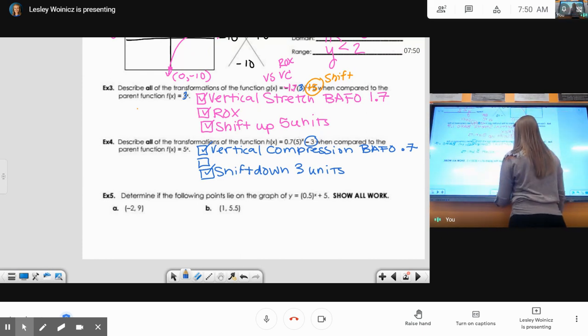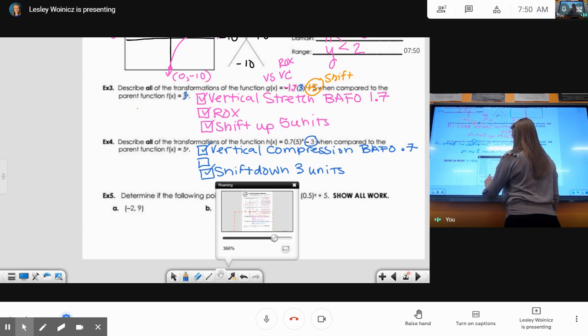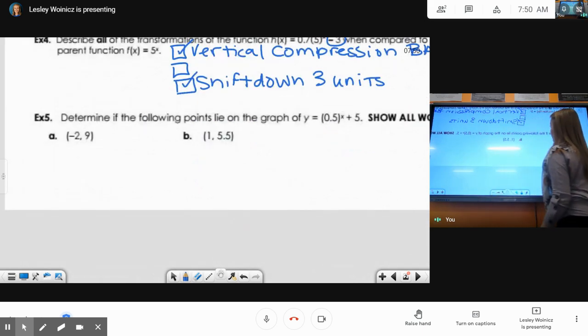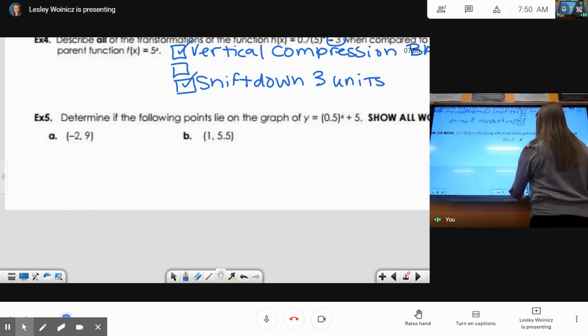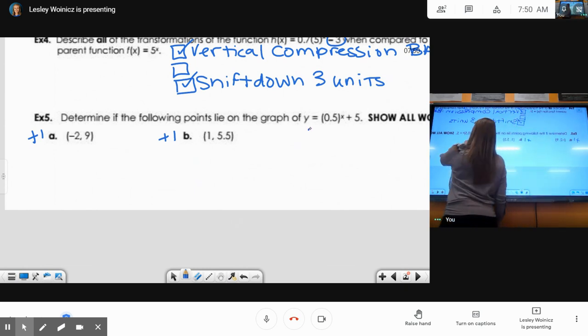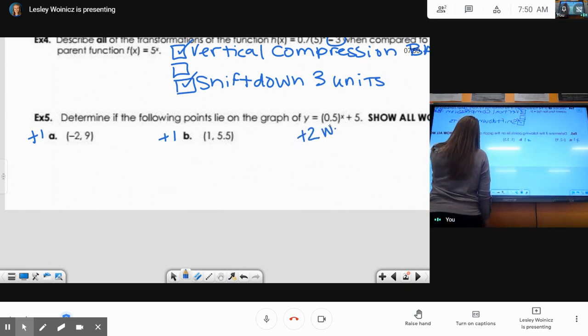Okay, and you already know how to do this last one. I'm just going to remind you because we forget. Determine whether the following points lie on the graph of this function. So this is a 4-point problem. We get a point for the correct answer for each of these, and then we get 2 points for work.